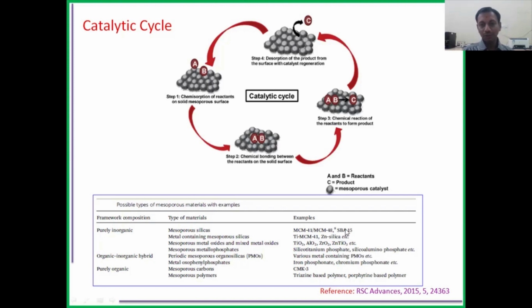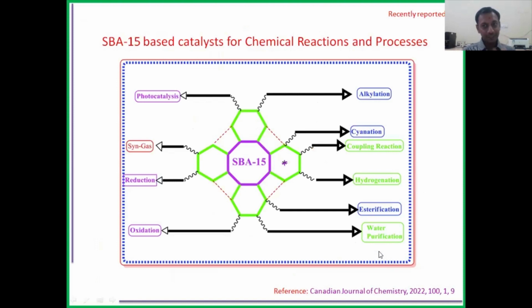Out of all these materials, if we take the example of SBA 15, we can use it for many chemical reactions like alkylation, coupling reactions, hydrogenation, esterification, and water purification. And different types of processes also we can use. For photocatalysis also we can use.